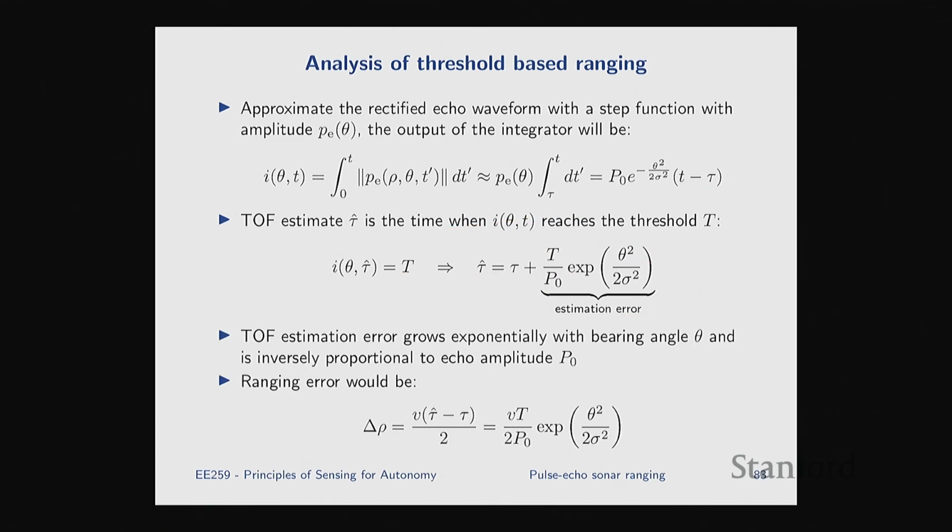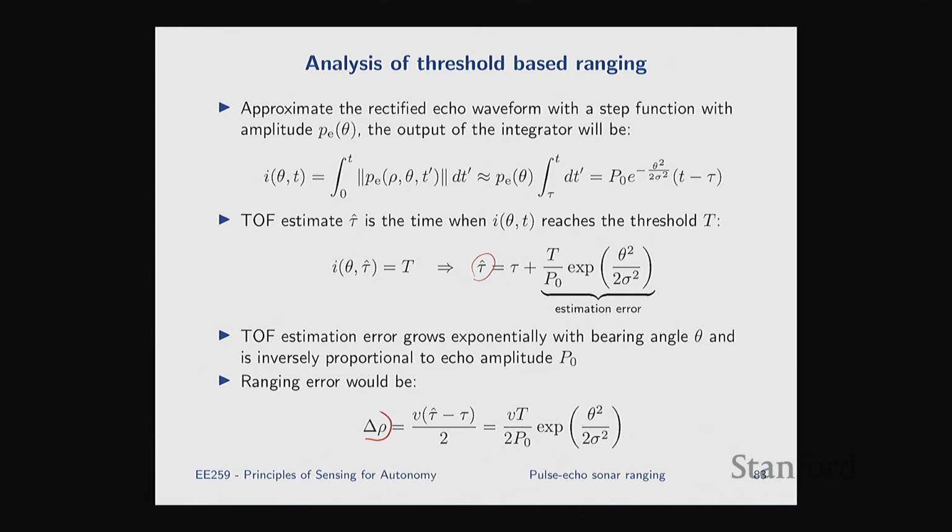If instead of thinking in terms of tau, you want to think in terms of the range error that you make in meters, we can convert that to range with a simple time of flight conversion.